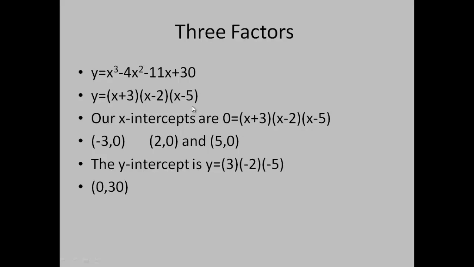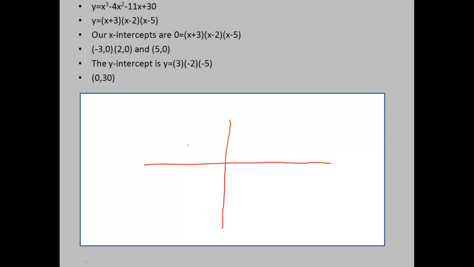To find the y-intercept, we make x 0, and that leaves us with 3 times -2 times -5, which gives us 30. So we have a y-intercept at 0, 30. Okay, we're only sketching, so the graph doesn't need to be perfect. So we just mark off our points now.